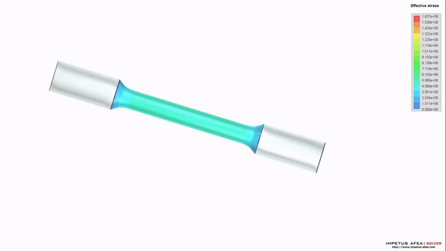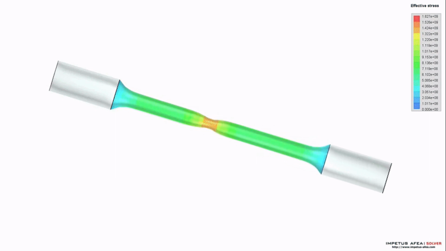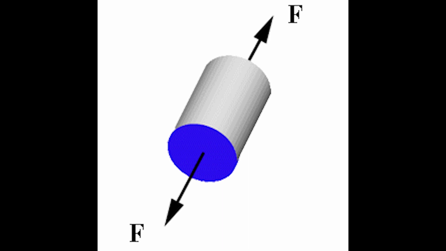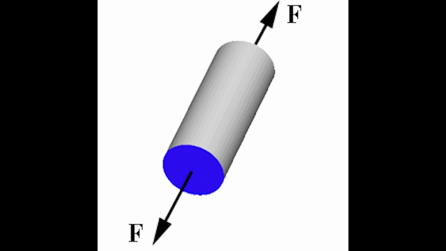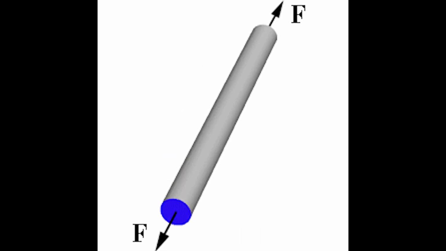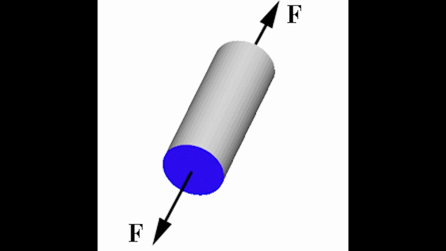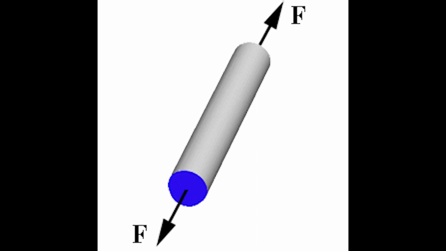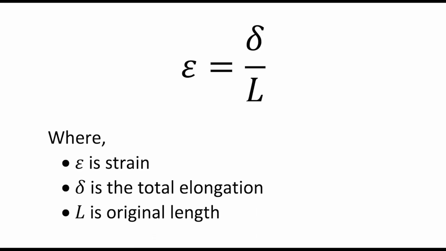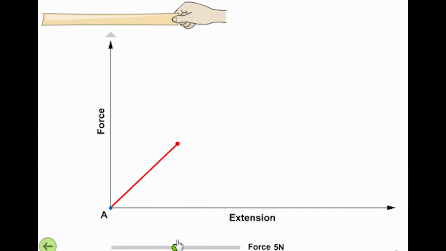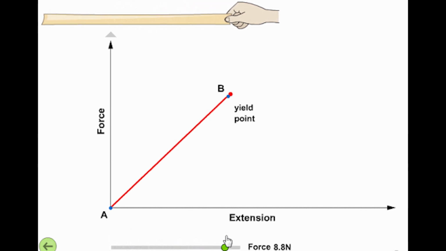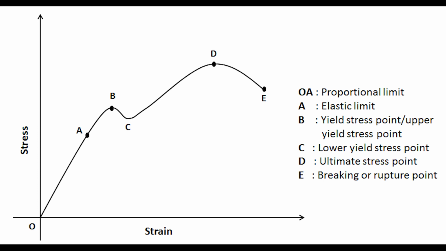The normal strain is defined as the elongation per unit length, and therefore the normal strain in the bar in the axial direction, also known as the axial strain, is this. As seen in the figure, the stress-strain diagram is a straight line from the region O to a point called the proportional limit.